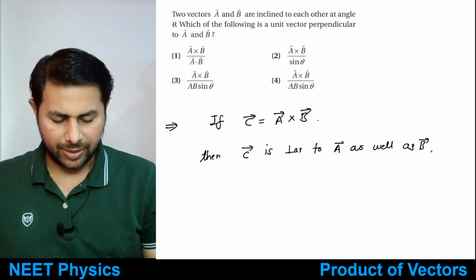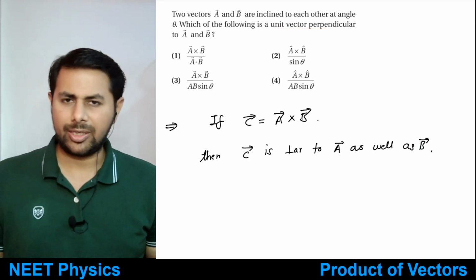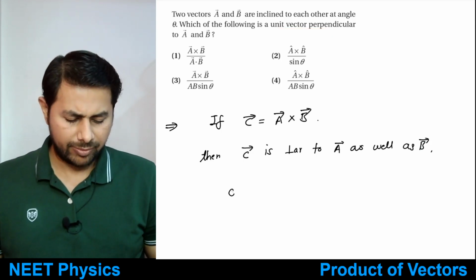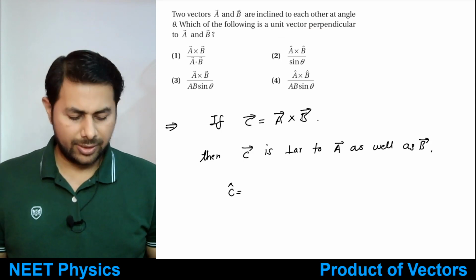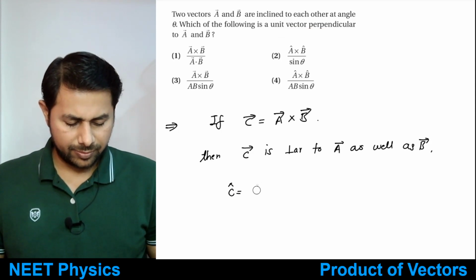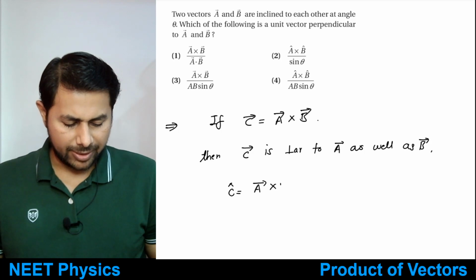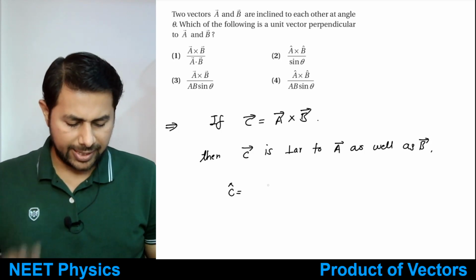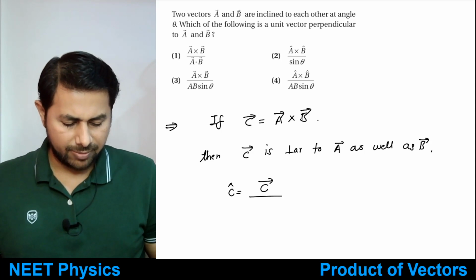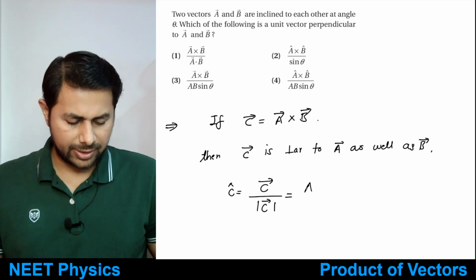But we want a unit vector. So what will be the unit vector perpendicular to A bar and B bar? It will be C cap. How will you find it? C bar is equal to A bar cross B bar. First of all, what is C cap? It is C bar divided by its magnitude. What is C bar?